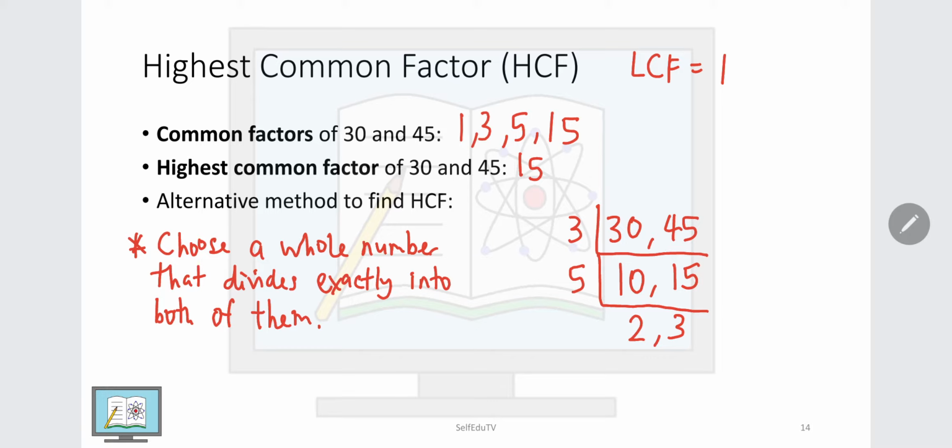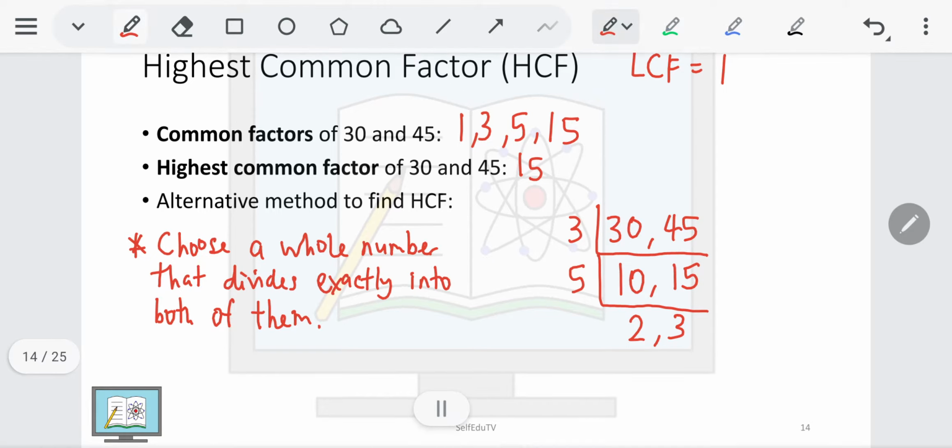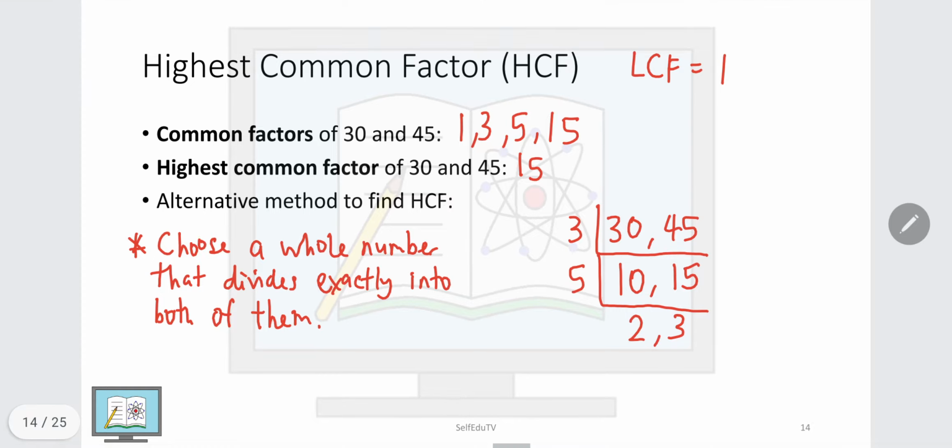Then you cannot divide further, because 2 and 3 have no number that divides exactly into both. So we stop here, and the HCF will be just the product of these divisors. Okay, so 15.